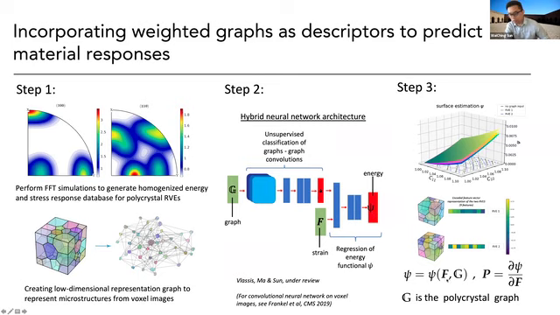Mathematically, we can define, for example, the Helmholtz energy or the elastic stored energy of the material as depending on the deformation, but also on the initial polycrystal graph that defines the connectivity.